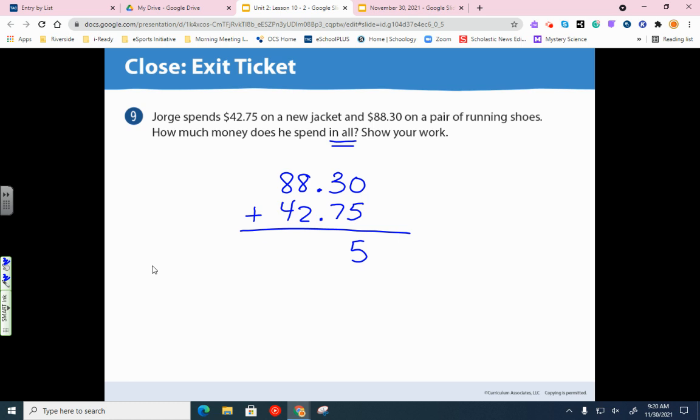So he's got 5 cents there. The 10 cents here gives us 10. Bring down your decimal, carry your 1. This gives me 11. And this gives me 13. So I'm just going to bounce that over there like that, not forget my dollar sign. His grand total is $131.05 for this purchase.